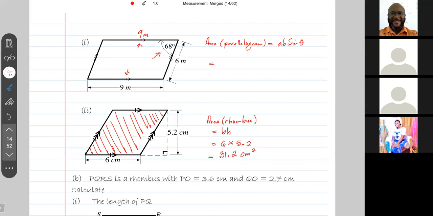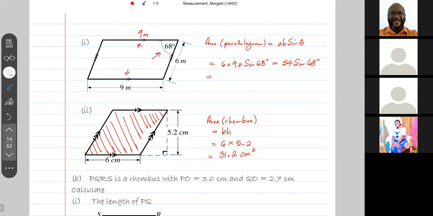So from my formula, A is 6 times 9 times the sine of the angle between them, which is 68 degrees. This is 54 sine 68. You would just put this in a calculator and press equal.